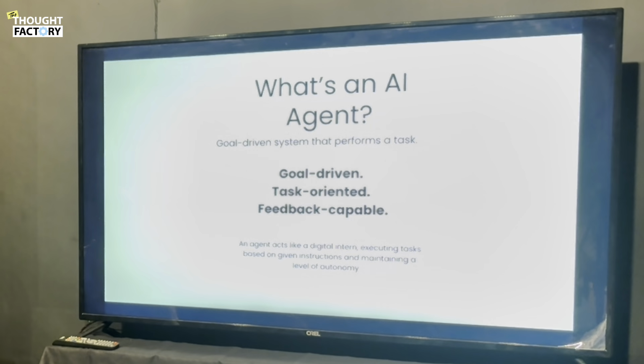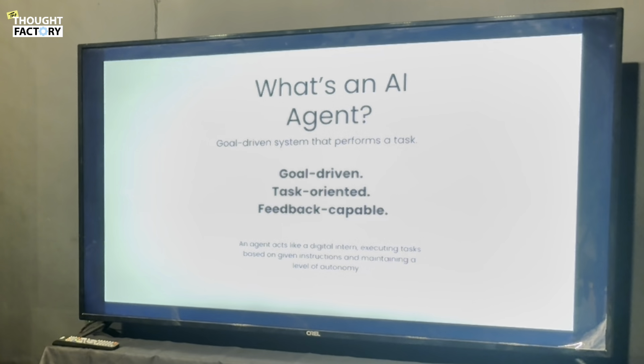There are long definitions, but an AI agent is basically a goal-driven system, a piece of smart software that works on a goal, and it can perform a task on its own. So it's goal-driven and task-oriented.